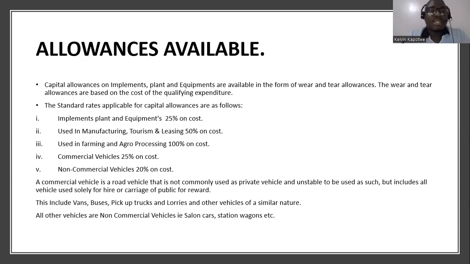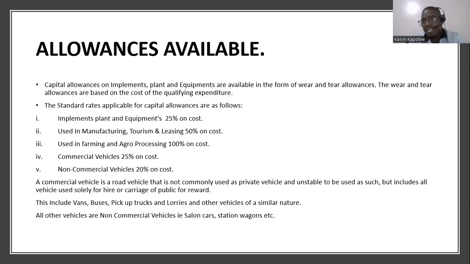So capital allowances on implements, plant, and equipment are available in the form of wear and tear. So the wear and tear allowances are based on the cost of the qualifying expenditure. And again, qualifying expenditure, what does it mean?